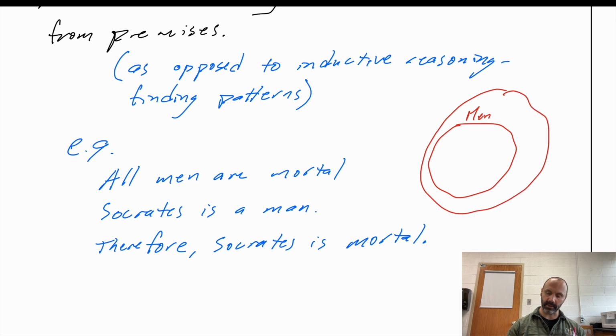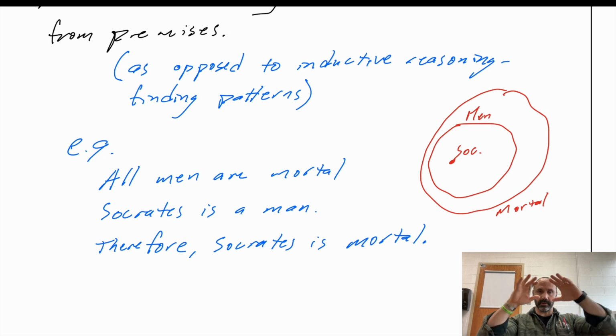So if something is in the category of being a man, it is also in the category of being mortal. And that's true. But we can just take the statement itself. Socrates is a man. So if Socrates is placed here in the category of men, then he has to be also within the circle of being mortal. And so we have the premises and then the conclusion.